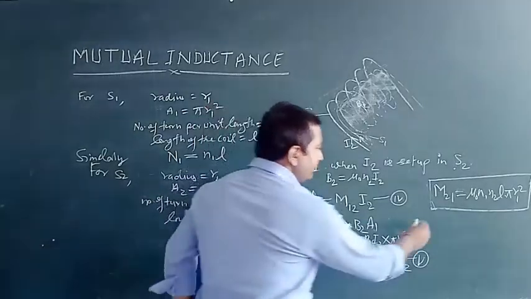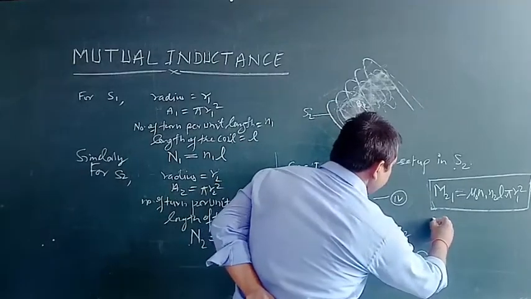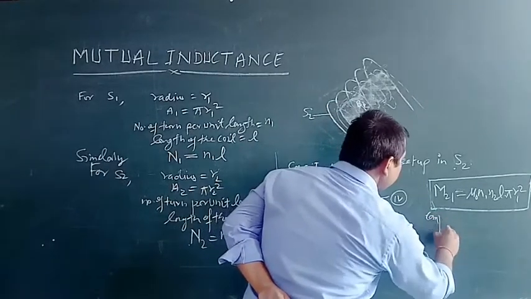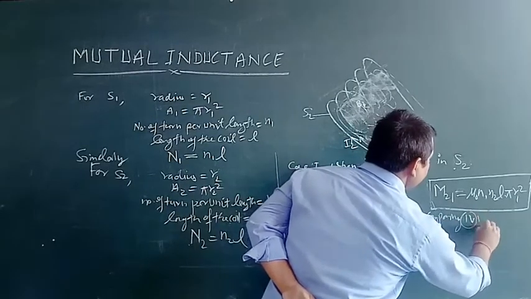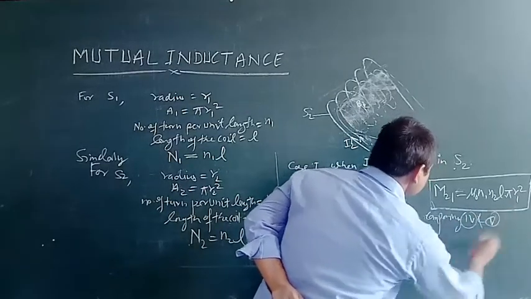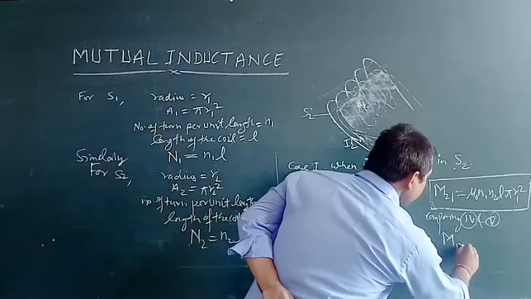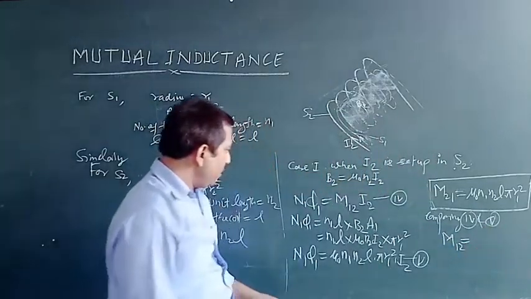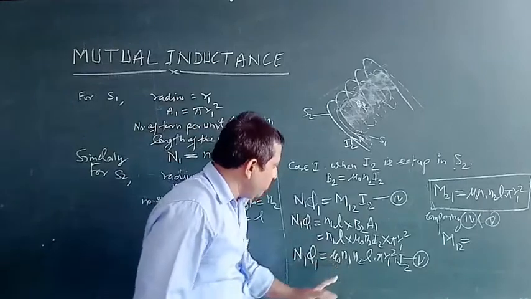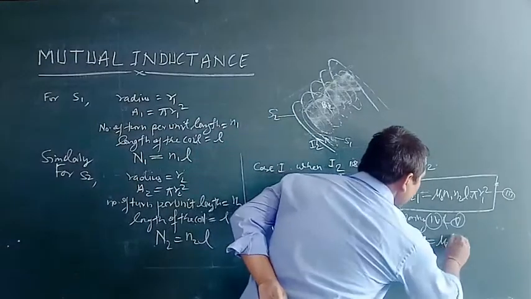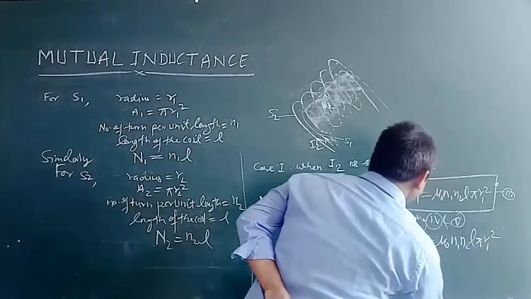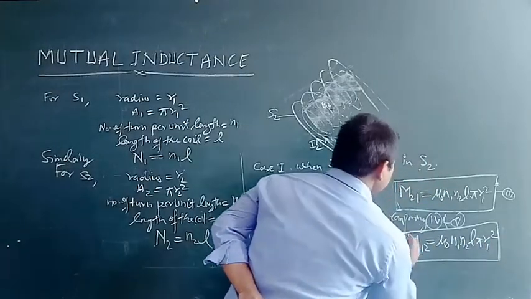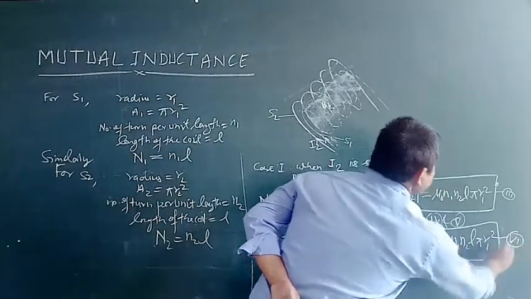So on comparing 4 and 5, we get M12 is equal to mu 0 N1 N2 L pi r1 square. This is equation number 6.